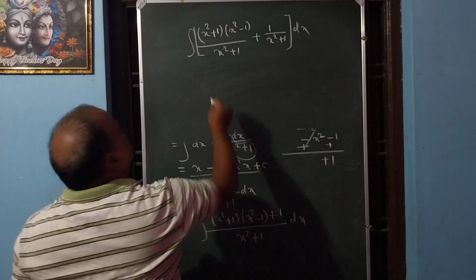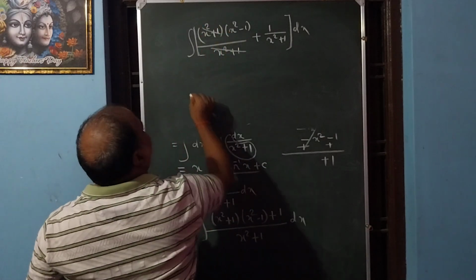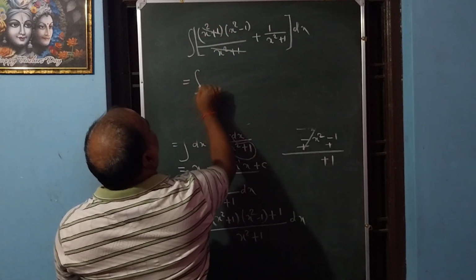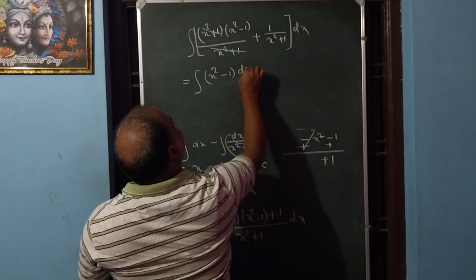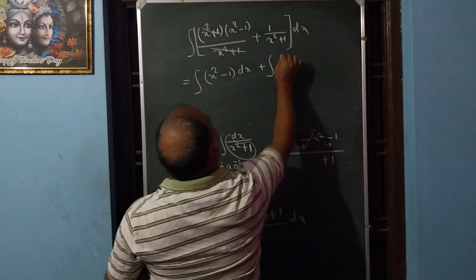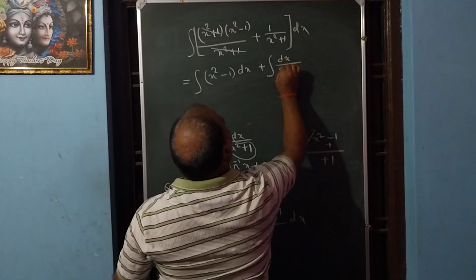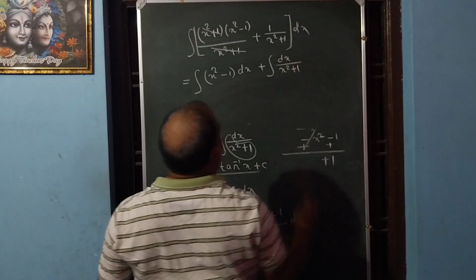Okay, so this term cancelled with this term. We get integration of x square minus 1 whole into dx. Then integration of dx by x square plus 1.